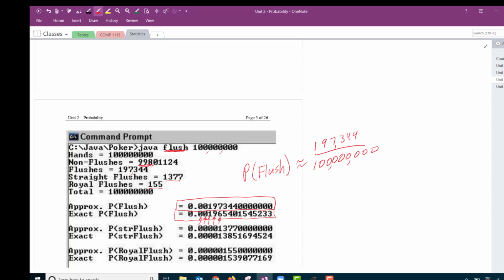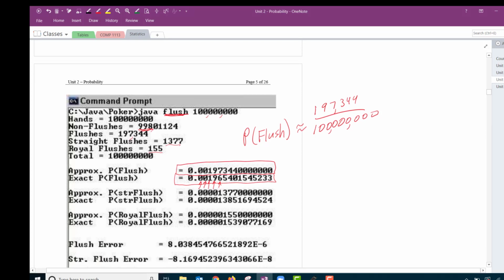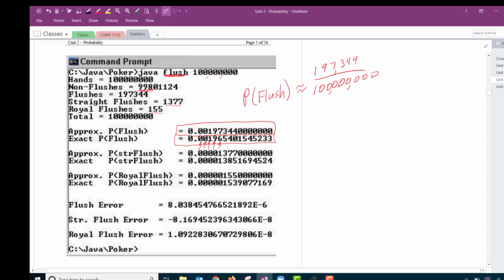So there's a lot of work to do that. I calculated the straight flush and royal flush as well, and I determined the error by subtracting the actual from the estimate. I'm off by 10 to the minus 6 on my flushes, and then 10 to the minus 8 on my straight and royal flushes.